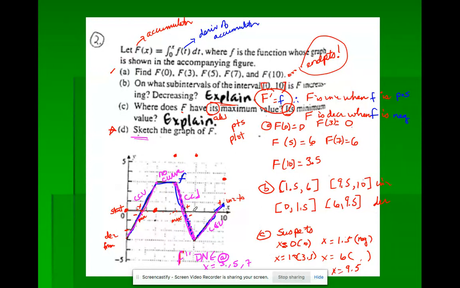I was at 6, but by 7, so I have 6 plus my triangle. How about 9.5? I have a whole bunch of negatives, right?